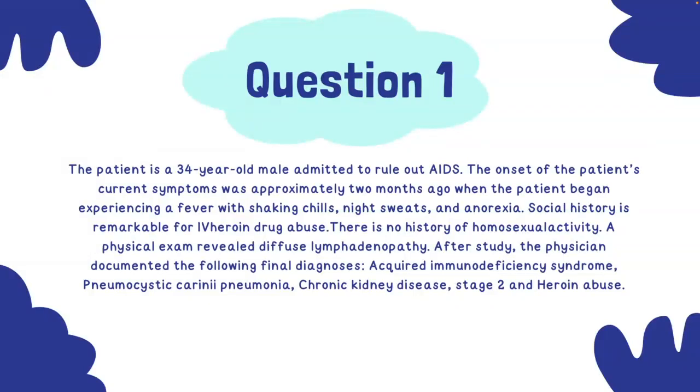A lot of times in the coding manual, there is a symbol that tells you that XYZ condition is an HIV related condition, a manifestation of HIV. I happen to know that pneumocystis carinii pneumonia is an HIV related condition.